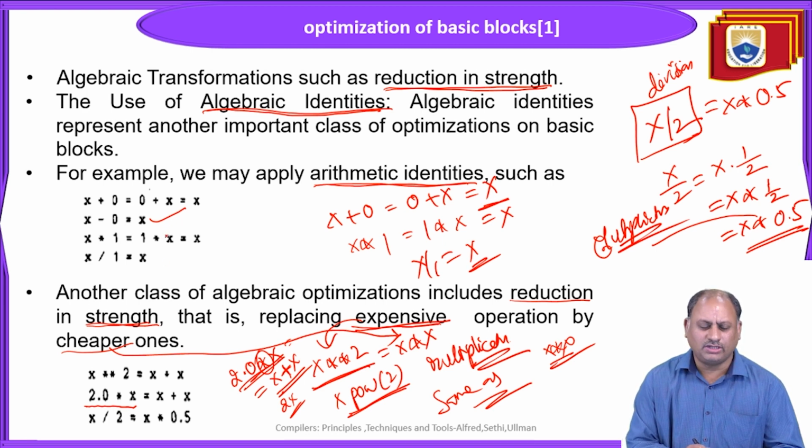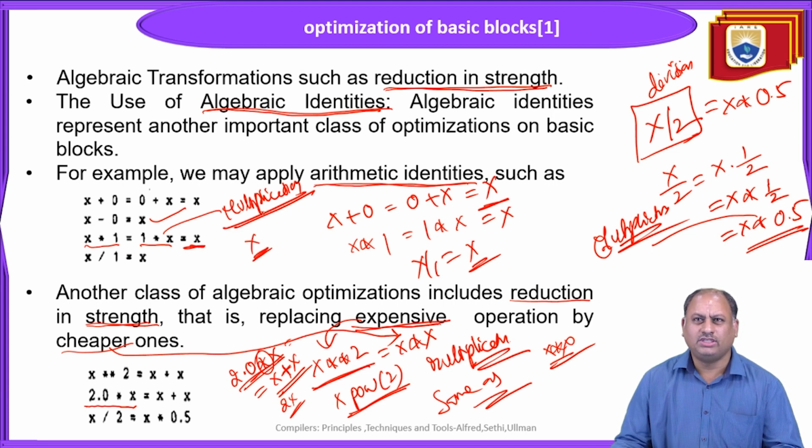Whereas we apply arithmetic identities also, here x plus x star 1. Instead of writing 1 star x, which comes under multiplication, even if you don't apply x star 1, the result is x only.